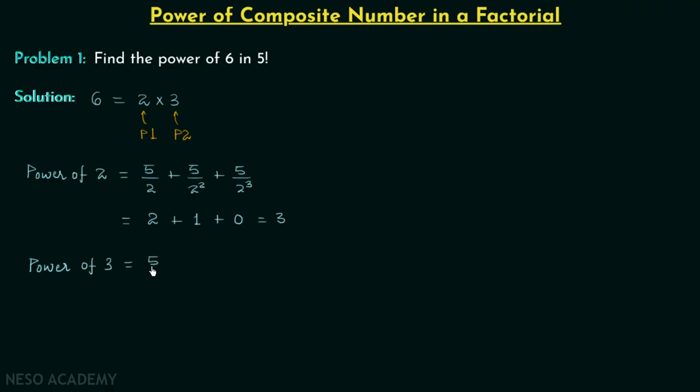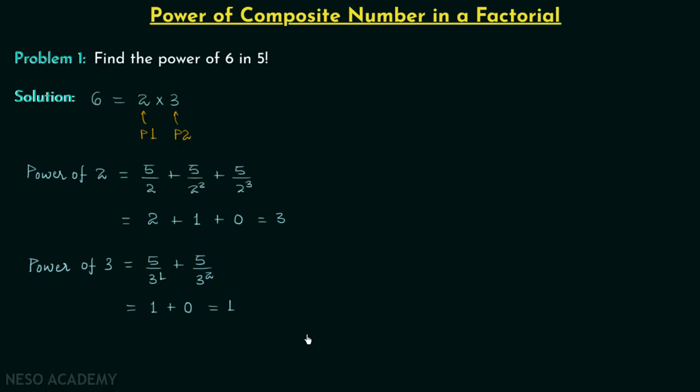We will have 5 divided by 3 power 1 plus 5 divided by 3 power 2. 3 power 2 is equal to 9. 9, the denominator, is now larger than the numerator, so we will stop here. 5, when you divide by 3, you will have the integer part equal to 1. 5, when you divide by 9, you will have the integer part equal to 0. 1 plus 0 is equal to 1. So the highest power of prime number 3 in 5 factorial is equal to 1.